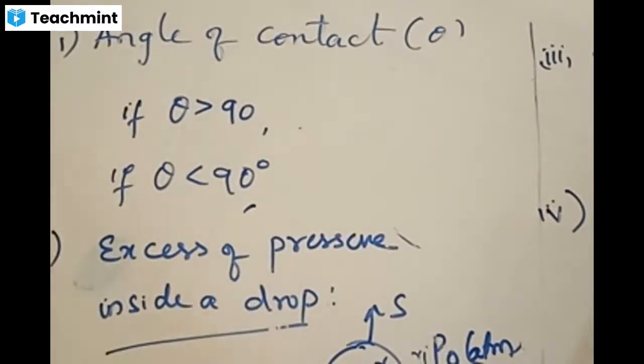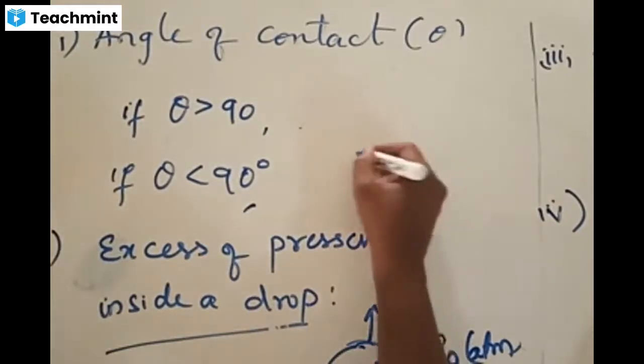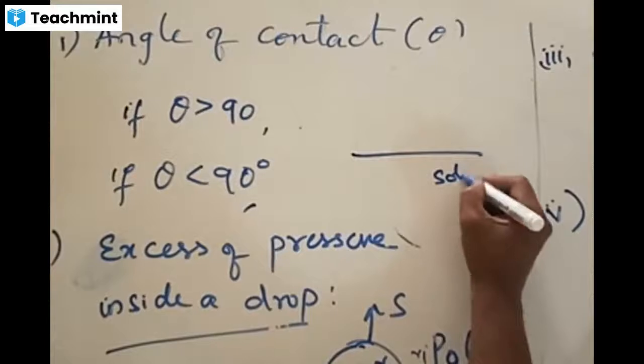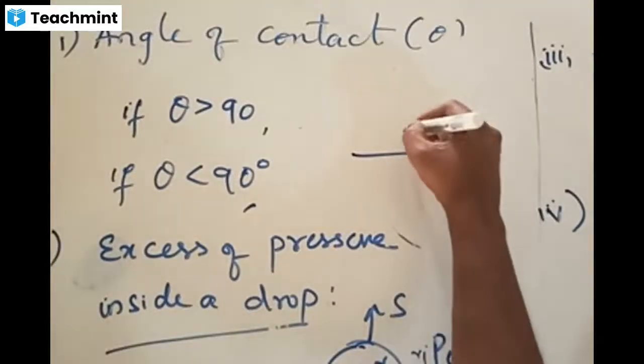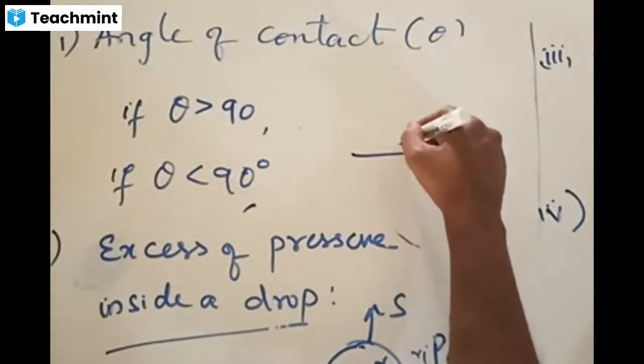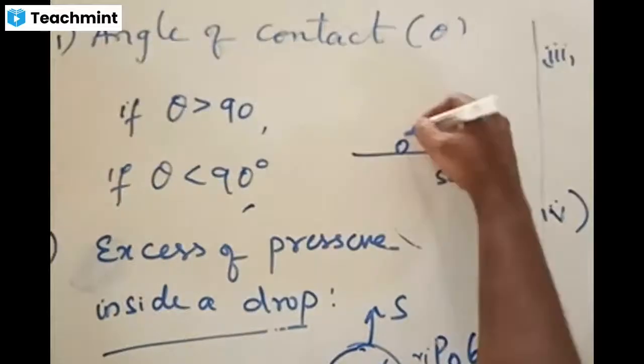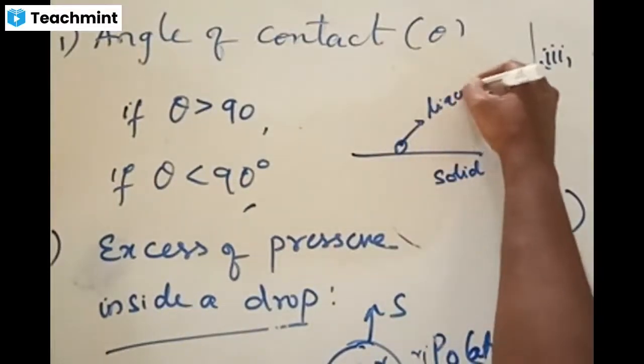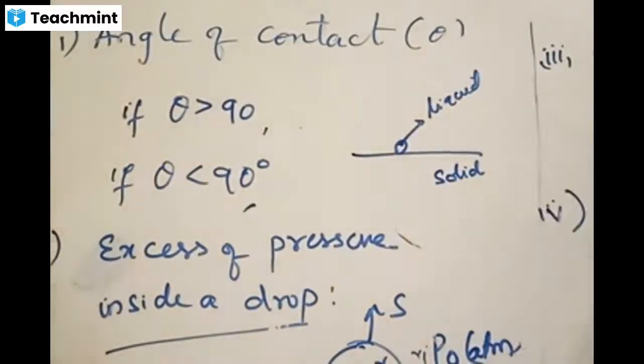Now let us start our first topic today, angle of contact. Listen, angle of contact is the angle made by the tangent to the liquid surface with the solid interface. What does it mean? You can understand this practically. If you release some water on a solid surface, water is a liquid and you are releasing it on the solid.